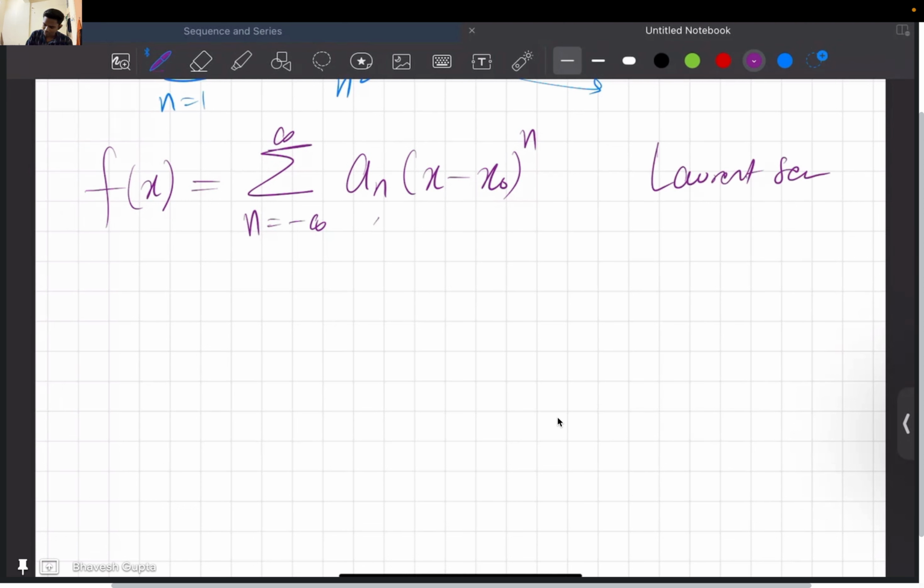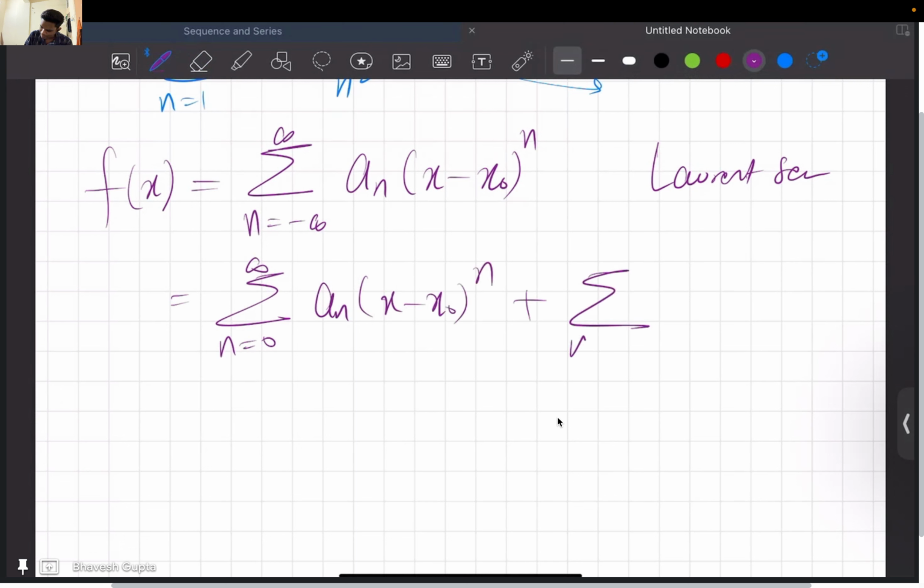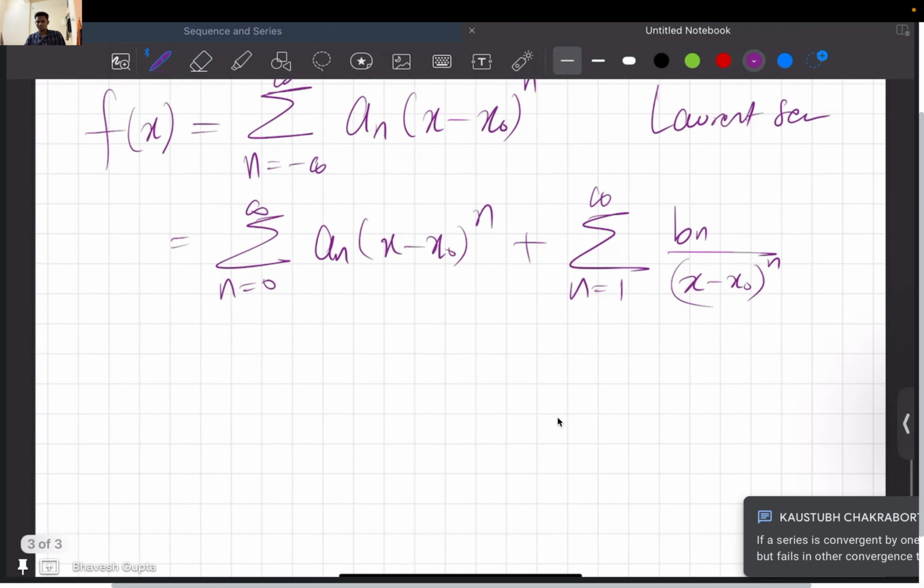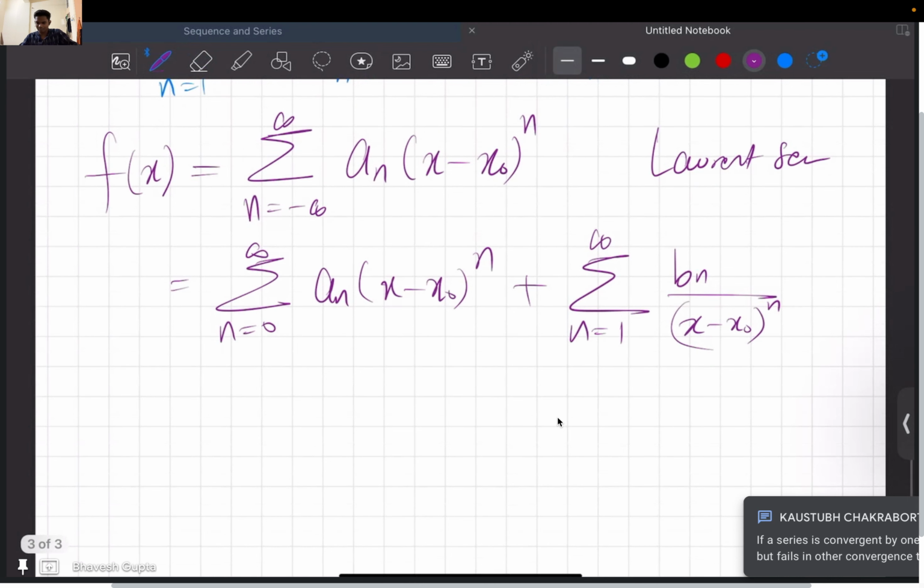And if you want to see your good old Taylor series, let me expand this, and you can see the Taylor series is embedded in this. Let me write this as this. I hope this is clear to all, like what I have done here.